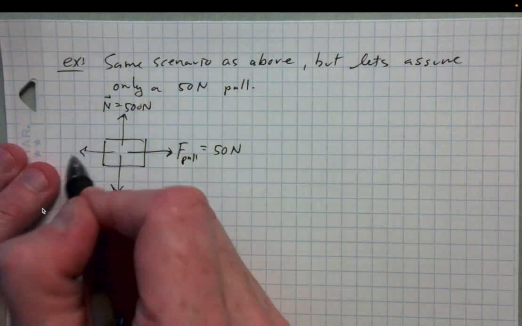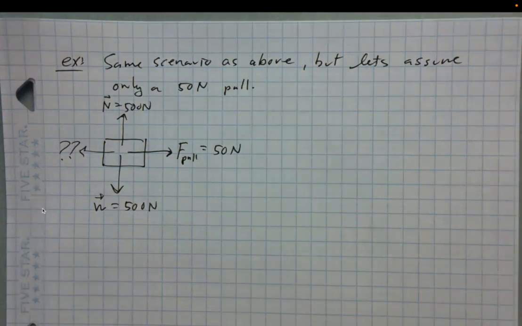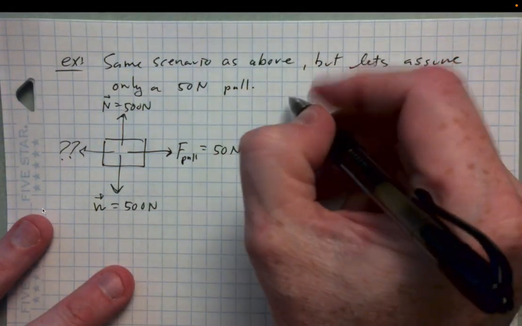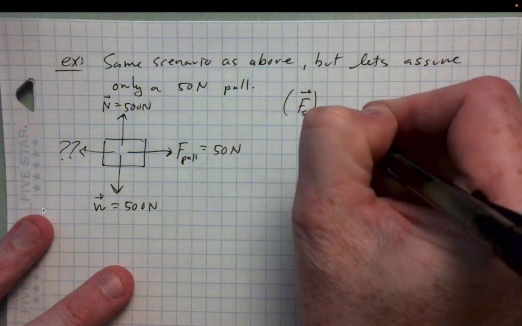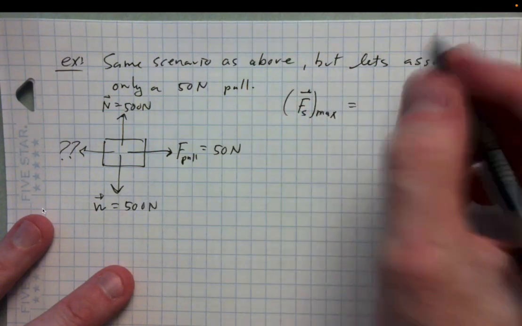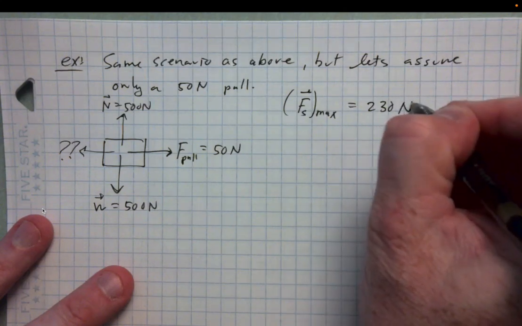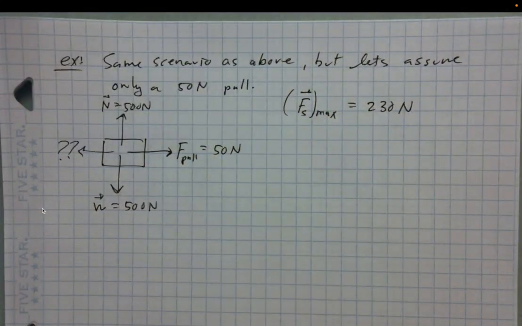And the question is, we know there's some kind of friction. Is it static or kinetic? Well, we know from the previous example that the maximum value of the static friction force is 230 newtons. We were given that.